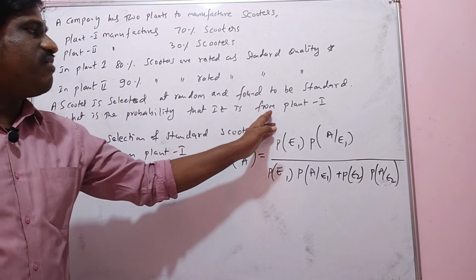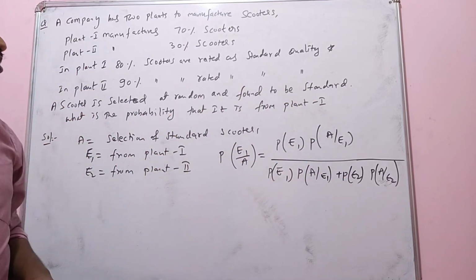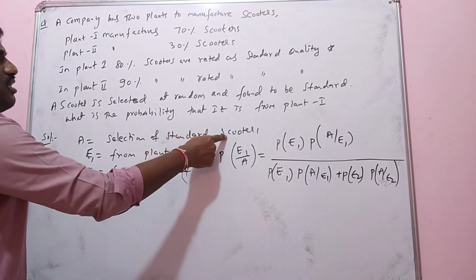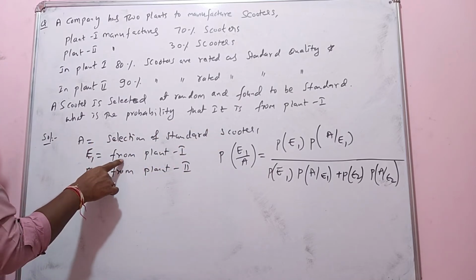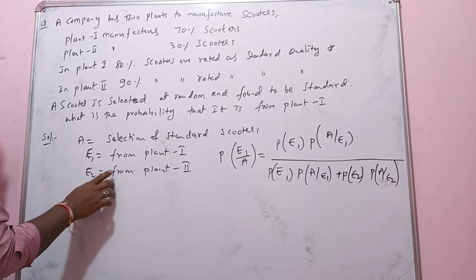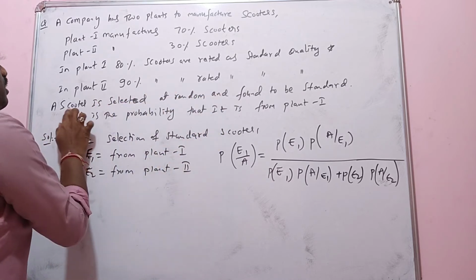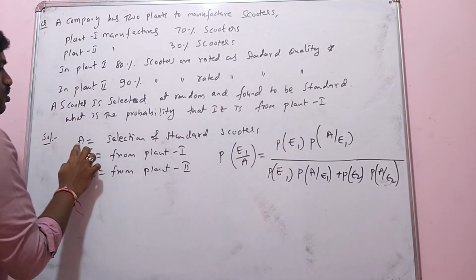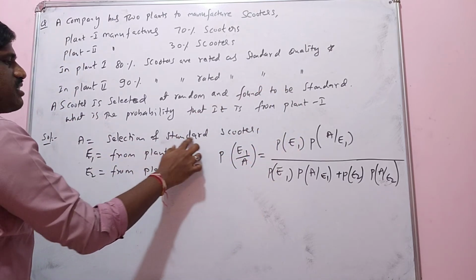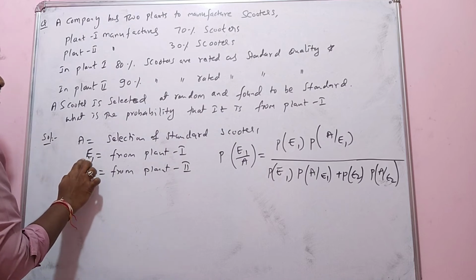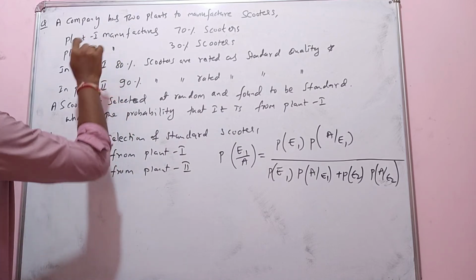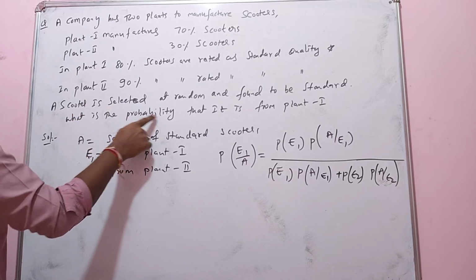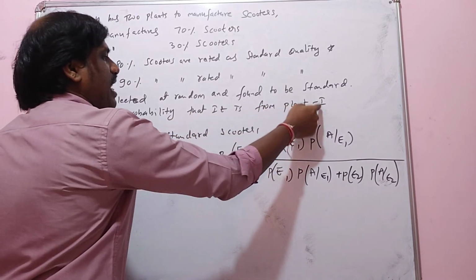But since it is asking about plant 1, let us see: A is the selection of a standard scooter, E1 is from plant 1, and E2 is from plant 2. We are asked to find the probability that it is from plant 1.